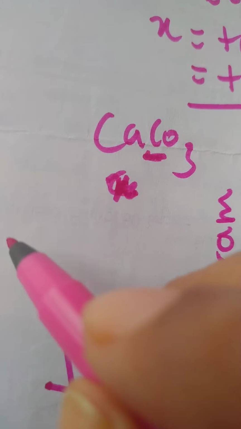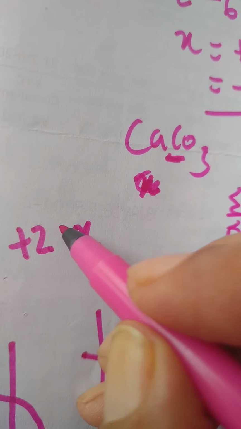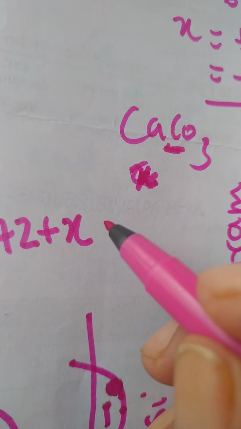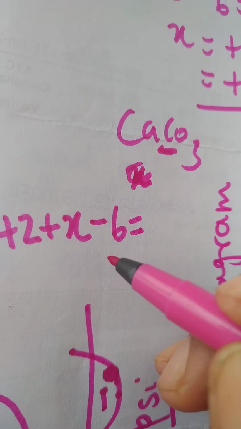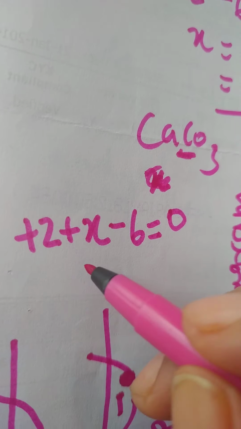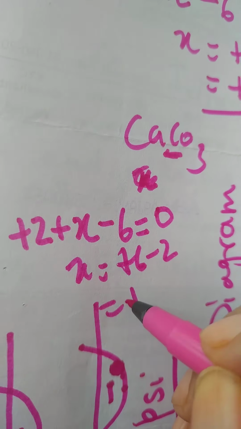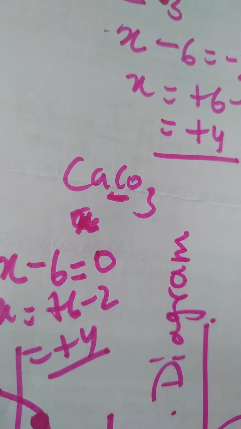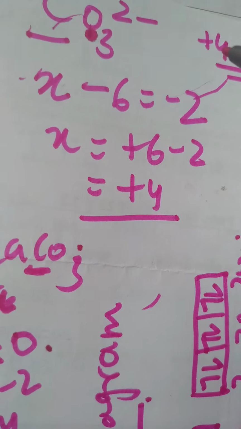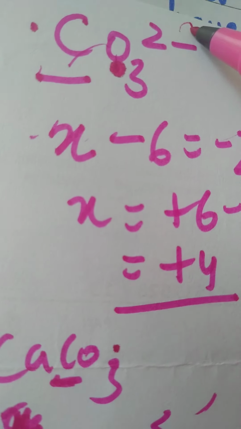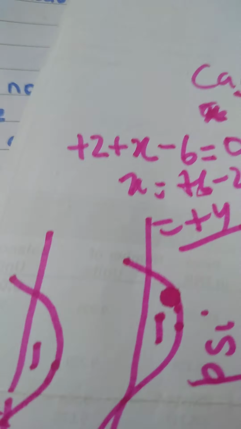So +2 for calcium plus X for carbon, -6 because each oxygen is -2 into 3, will be equal to 0. So X will be +6 - 2, that is equal to +4. So like this we calculate. If there is no charge, then the sum will be equal to 0, and if there is a charge, then it will be equal to the charge on the ion.